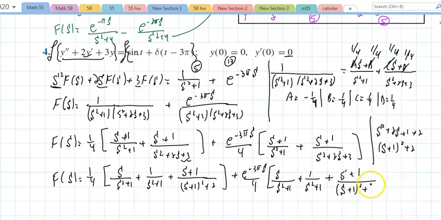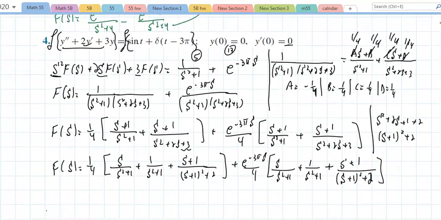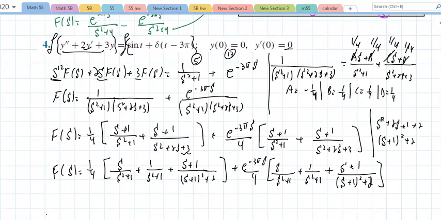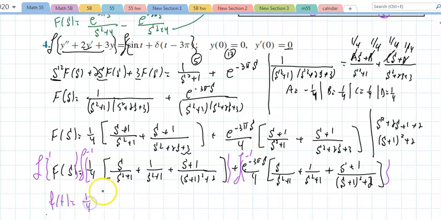Okay, plus 1, plus 2. So, if I really think about this carefully, I could say, if I take the inverse Laplace transform, they're going to be almost identical, except one of them has a shift, one doesn't.